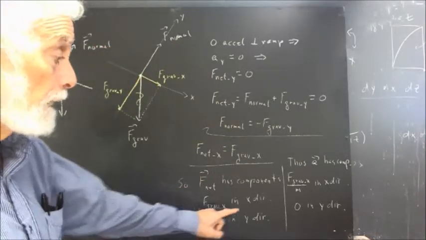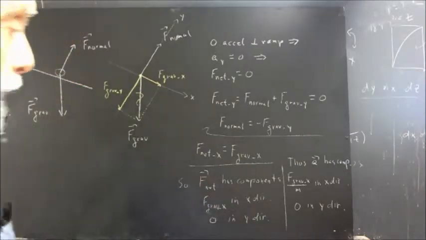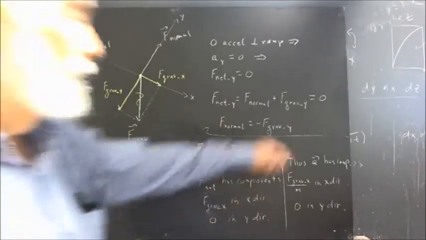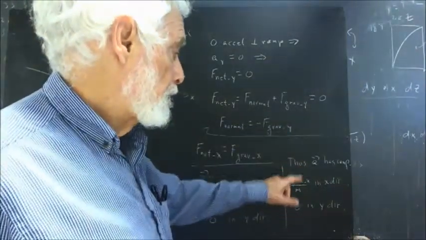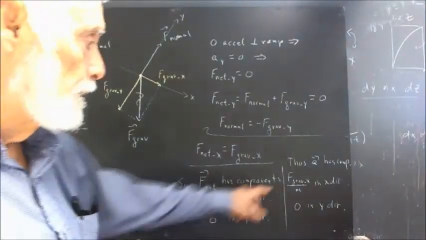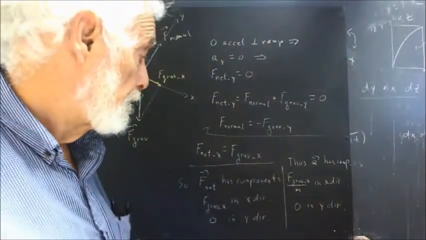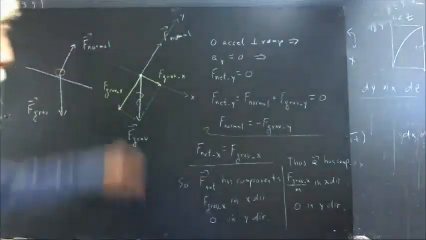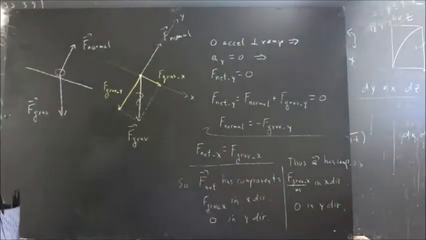It has F grav x in the x direction and 0 in the y direction. So the acceleration vector has this component in the x direction, the net force in the x direction, F grav x, divided by the mass, and component 0 in the y direction, meaning that the net force is just this.